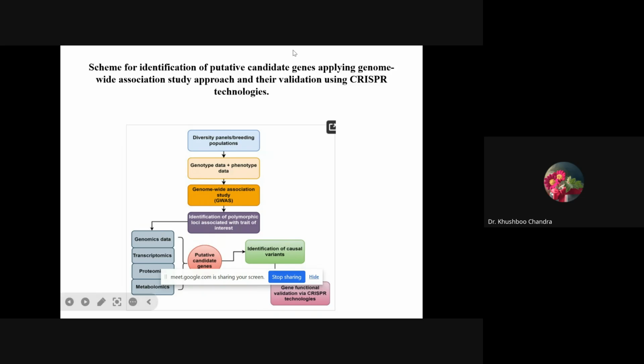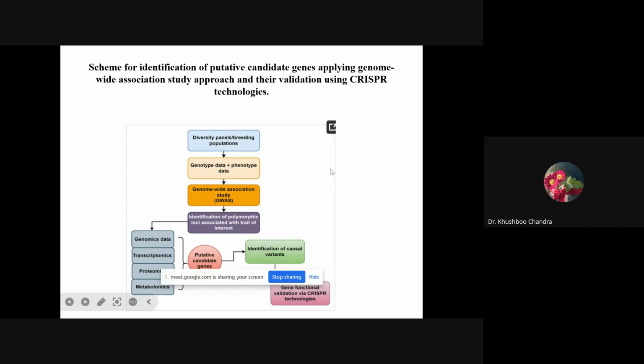Whatever the selection part may be, we need to go for a diverse panel or breeding population. Diversity should be there, and that should not be done in a very small population size. That should be a very big base population. Then we go to the collection of the genotypic data and phenotypic data.